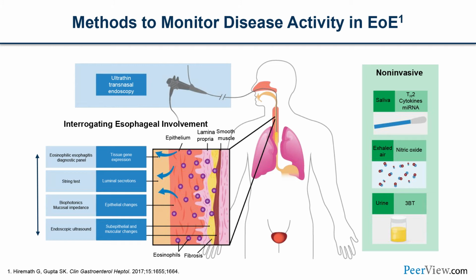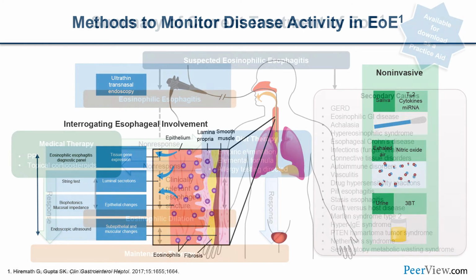Otherwise, the method to monitor the disease is commonly the endoscopies, although there are other forms of looking inside the esophagus, like the string test that's here, or an ultrasound of the esophagus, and endoscopic ultrasounds.